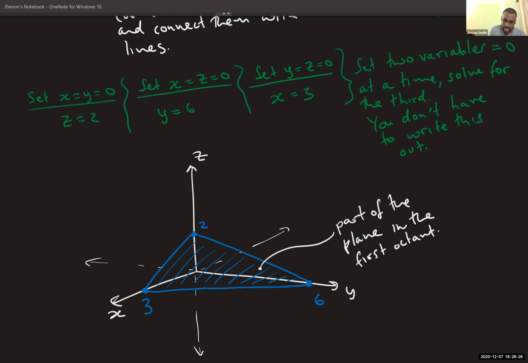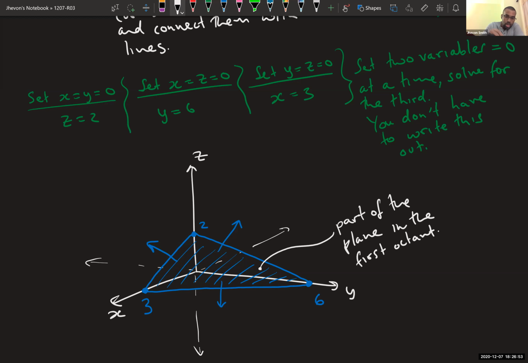So you should understand conceptually that this extends forever in all these directions. It's a flat sheet. There's only one direction that's always normal to it forever. However, when it slices through the first octant, it passes through 2 on the Z, 3 on the X, 6 on the Y. And that's all there is to sketching planes.